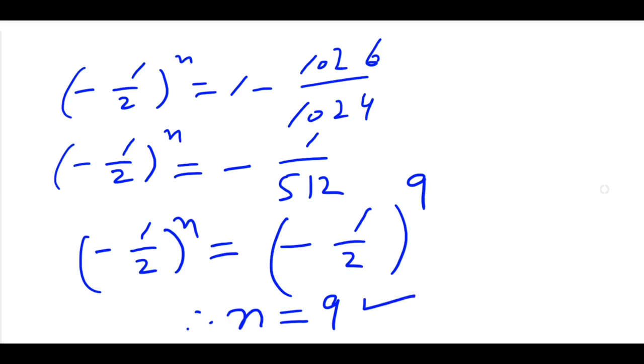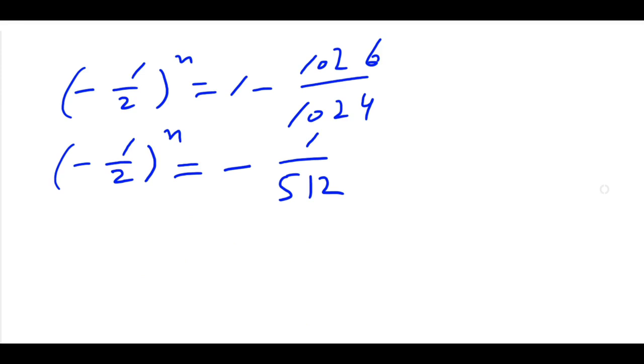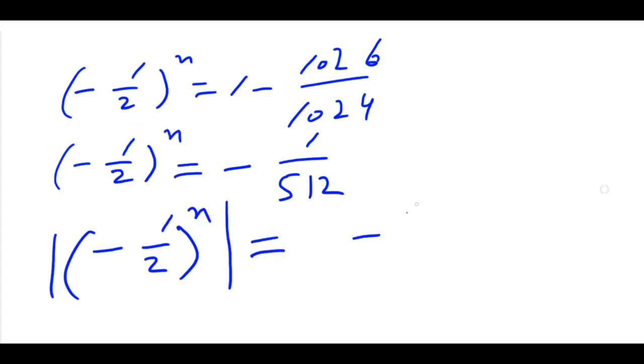Now I'm going to show you how to apply the log. You cannot apply the log on a negative value. There are two ways to solve this one. The first method, I can apply the absolute value. Absolute value removes the negative sign from the number, so the number becomes positive. So the absolute value of (-1/2)^n is equal to the absolute value of -1 over 512.